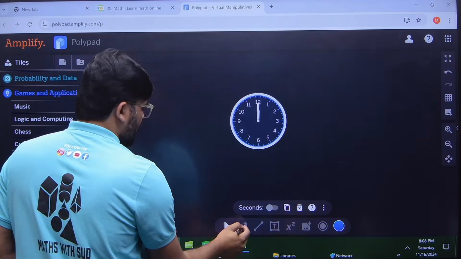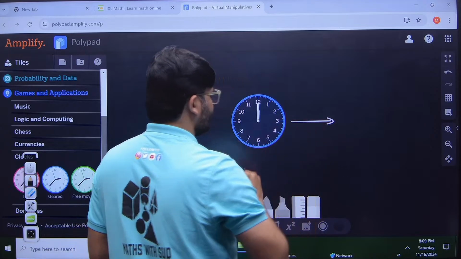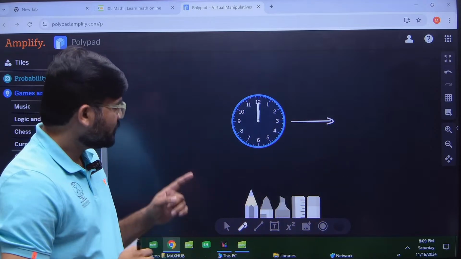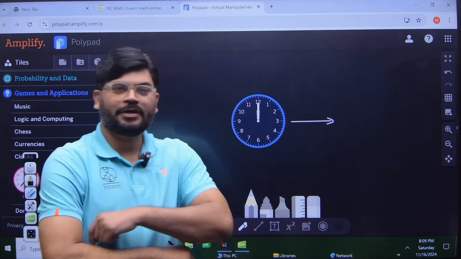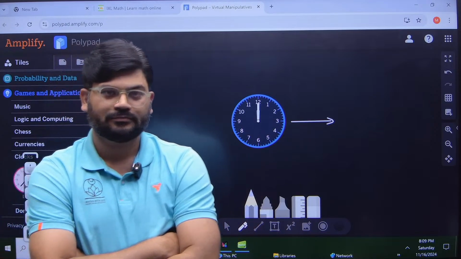Now if one aircraft is going in this direction, what is the bearing of this vehicle or aircraft? 90 degrees.